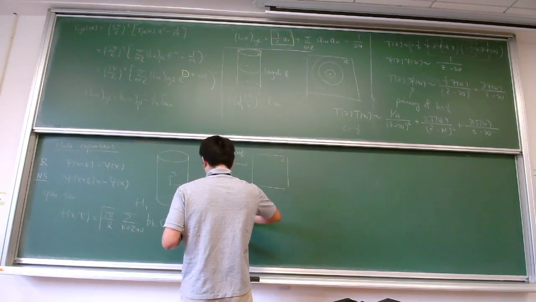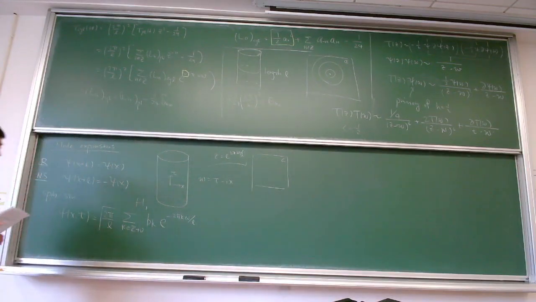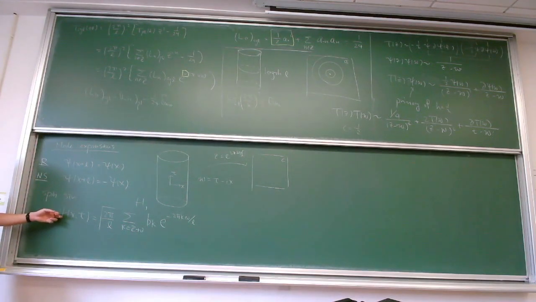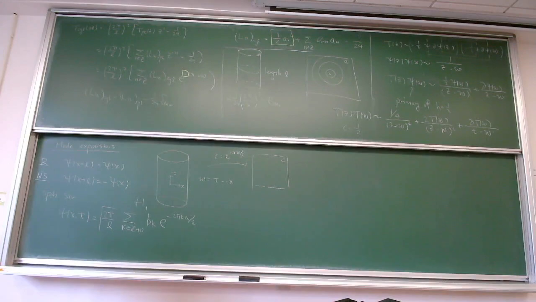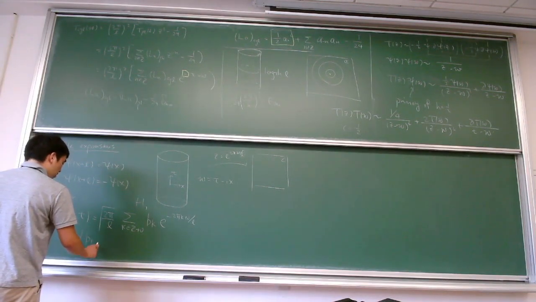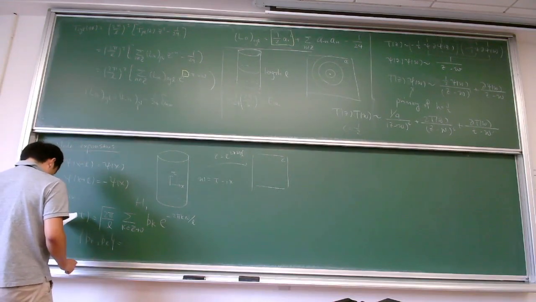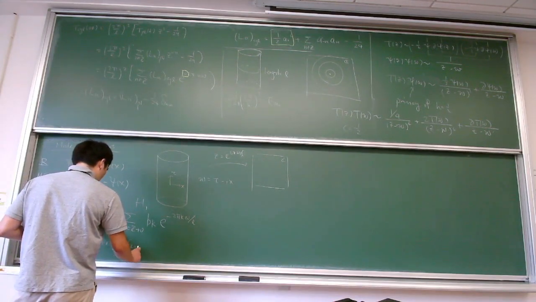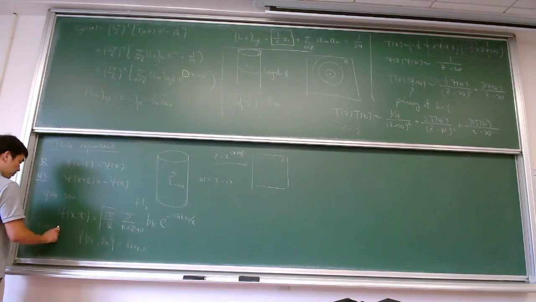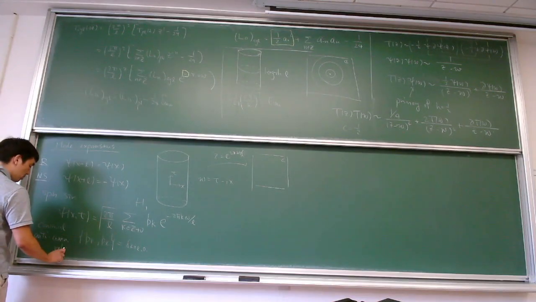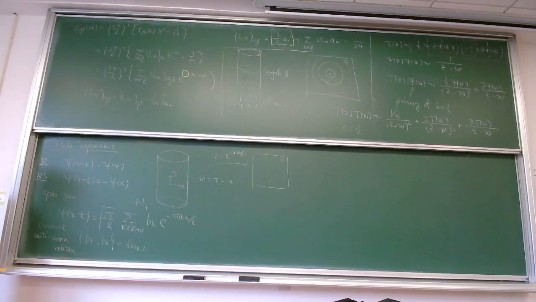Sorry, before then, I have to quantize them. So now psi is an operator, so this mode b is really an operator. Therefore, we have to impose the canonical anti-commutation relation, which is given here.